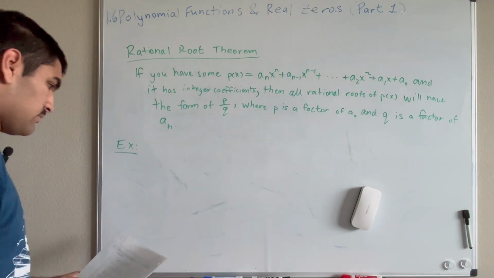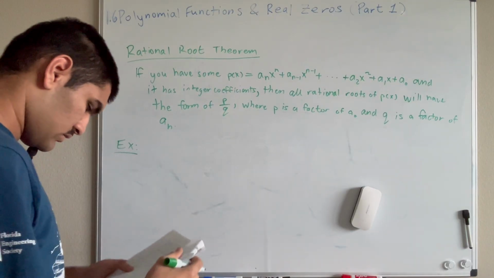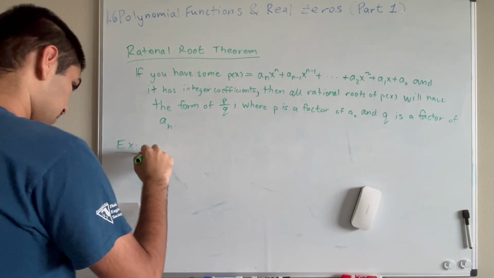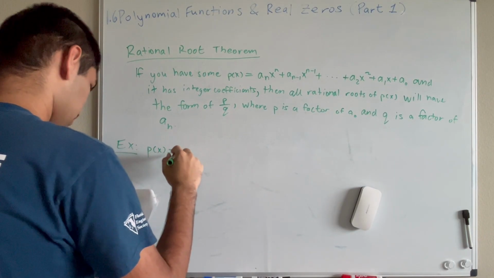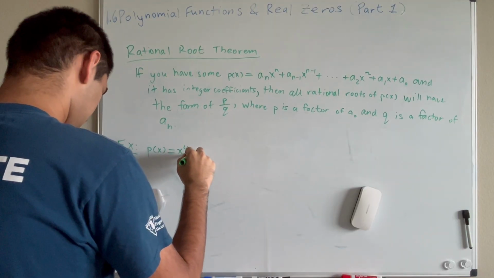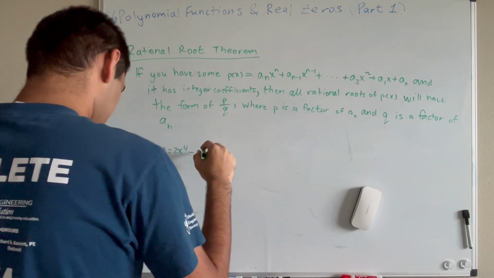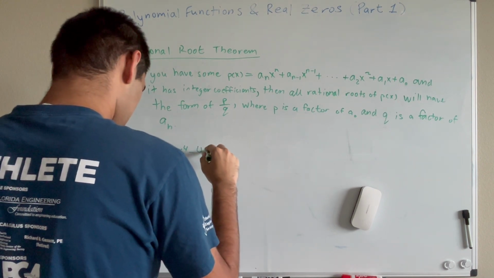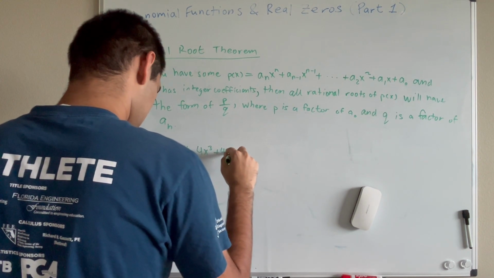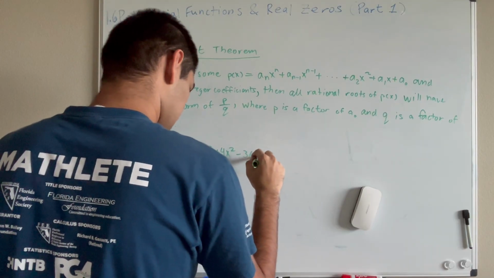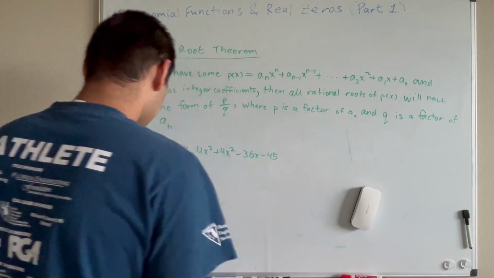We have some polynomial p of x, again, equal to 2x to the fourth minus 4x cubed plus 4x squared minus 36x minus 45.